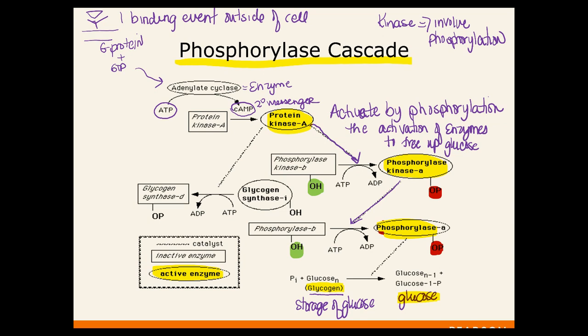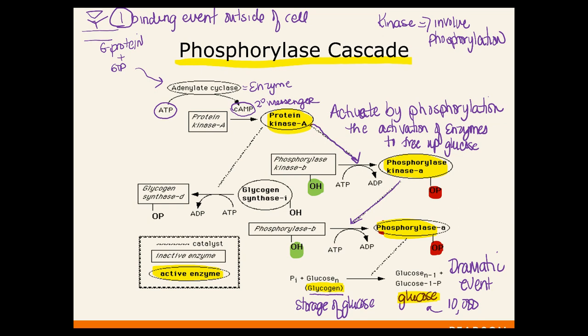So the binding of one hormone can release thousands of glucose molecules. Okay, so this is a very, very dramatic process. You have a huge number of glucose molecules released from one binding event on the outside of the cell. And that's going to make it really effective.